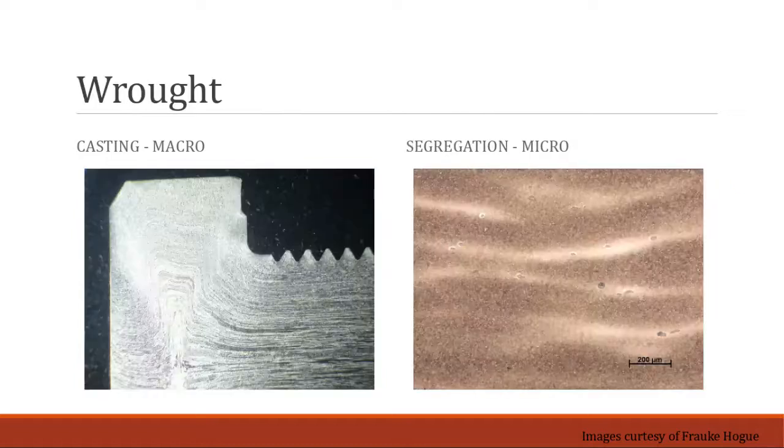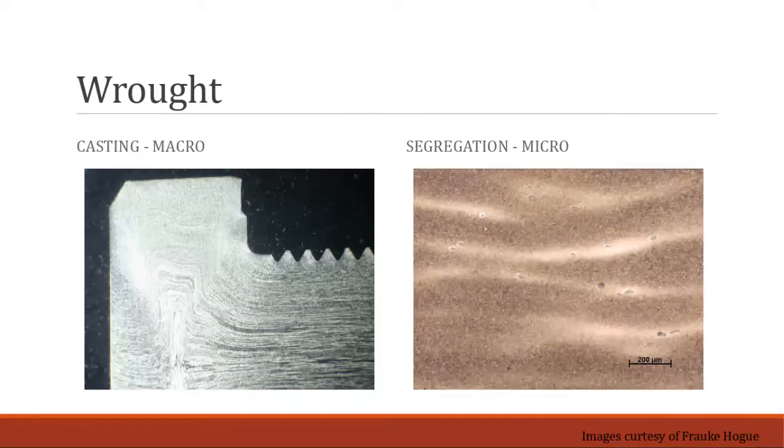Now, how does that differ from a wrought product? Well, here's a macro of a forging, not a casting, and you can still see the flow lines. Now, these aren't grains. These are the flow lines caused by, for one, the etch, but also how the material was flowed and formed into that shape.